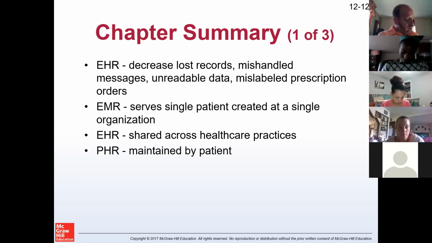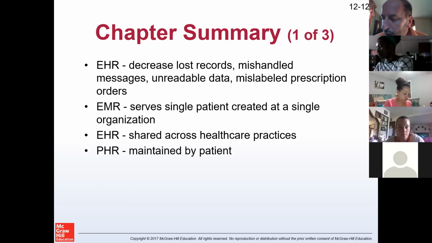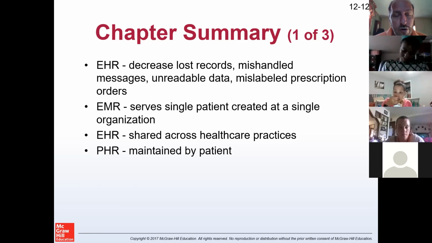I don't know if everybody knows what a prior auth is. Insurance companies, for better or worse, are kind of watching how physicians order tests and procedures.